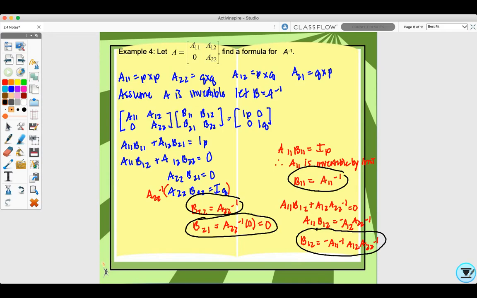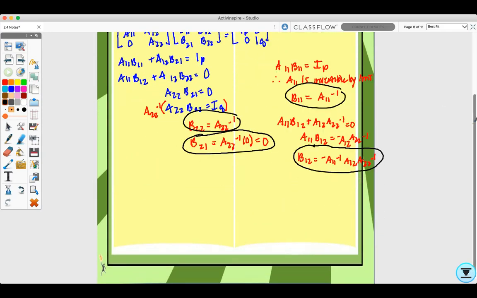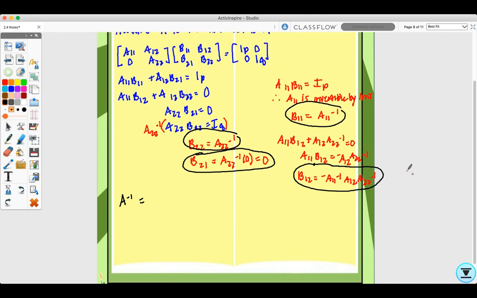So my formula for A inverse, which equals B, we'll put those all in there. If you look up here, this was B. So we'd start with B11. B11 we said was A11 inverse. And then B21 we said was A22 inverse times 0, which ends up being 0.